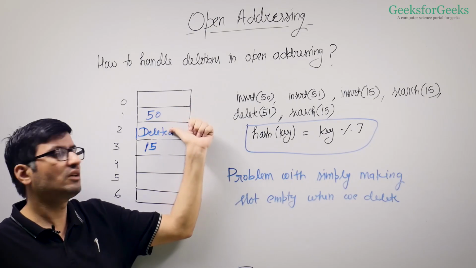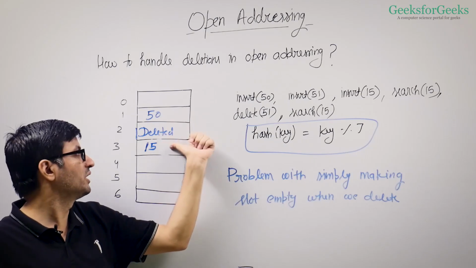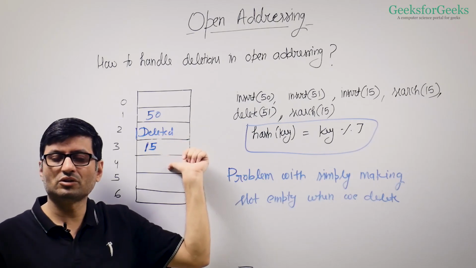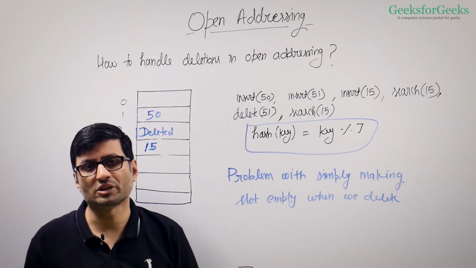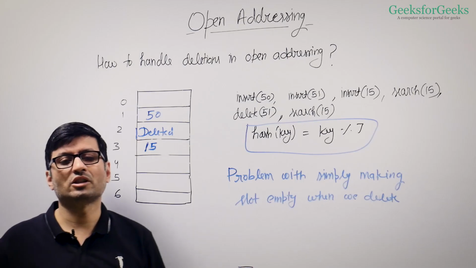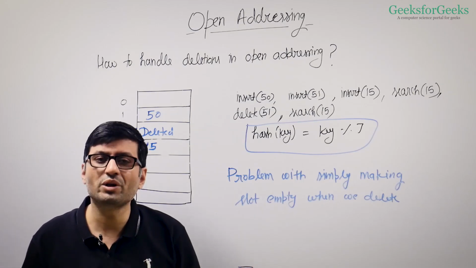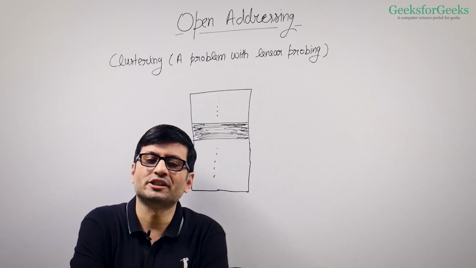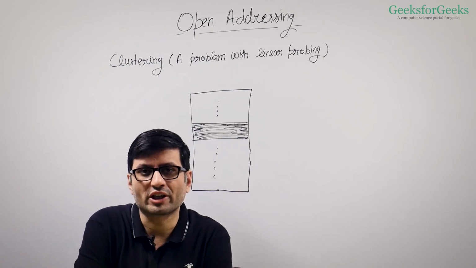You will come here, not matching. You will come here, not matching. Now you find an empty slot. So you say 64 is not present. So in deletion, we do not mark the slot empty, we mark it as deleted. Now we understand search, insert and delete in open addressing.